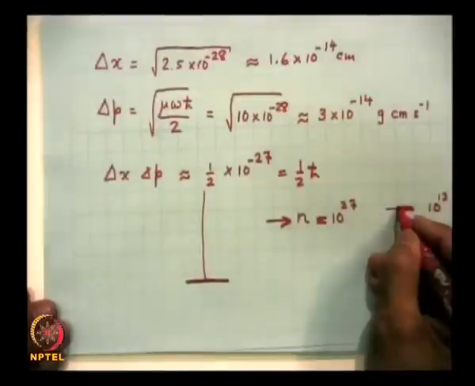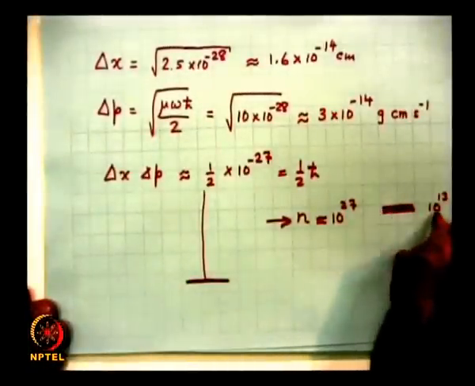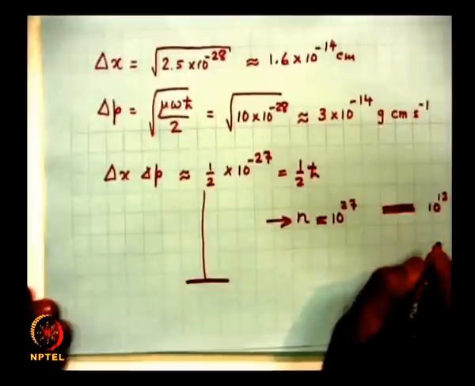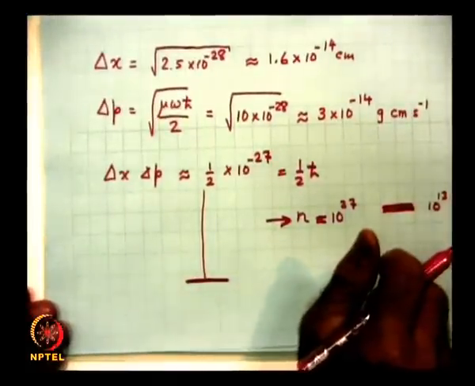So, n equal to 10 to the power of 27 plus minus 10 to the power of 13. That is the number of states we are exciting, 100 trillion states around n equal to 10 to the power of 27.